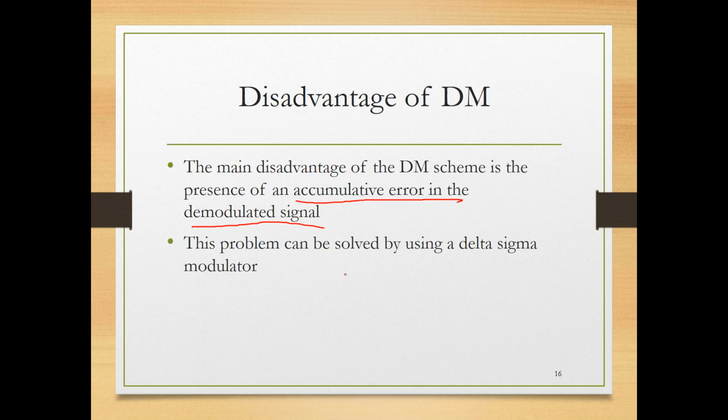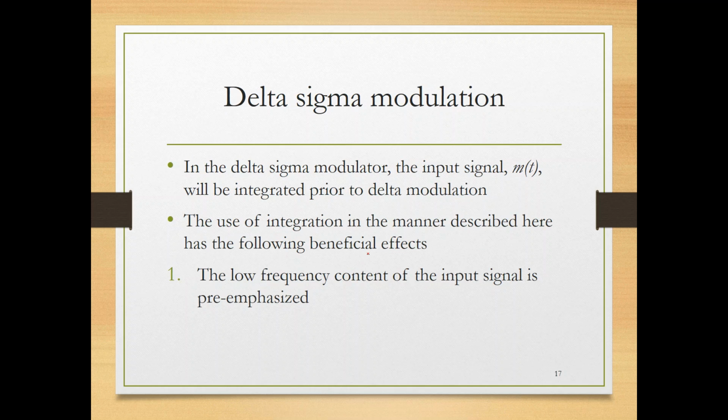The delta sigma modulator integrates the signal before you start performing delta modulation. In the delta sigma modulator, the input signal m(t) will be integrated prior to delta modulation. The use of integration in this manner has the following beneficial effect.